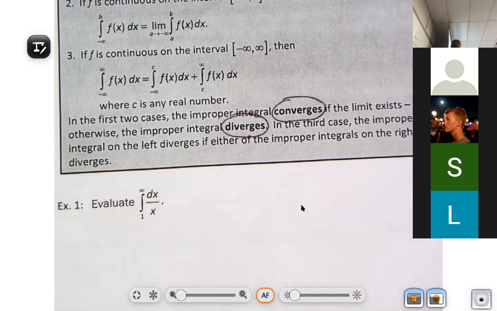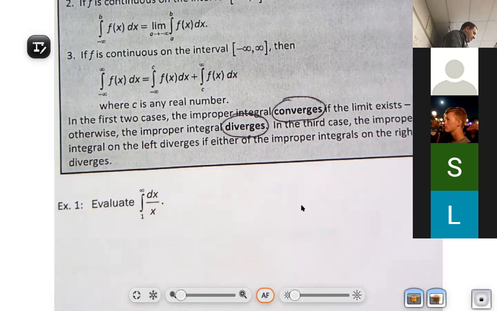What it means to converge is basically if the limit exists, we're saying that the integral is actually approaching a value that we can consider to be the final answer, the actual answer. What it means to diverge is the number's either too big to count or it doesn't approach something quickly enough by mathematician standards. And so we say the integral diverges.